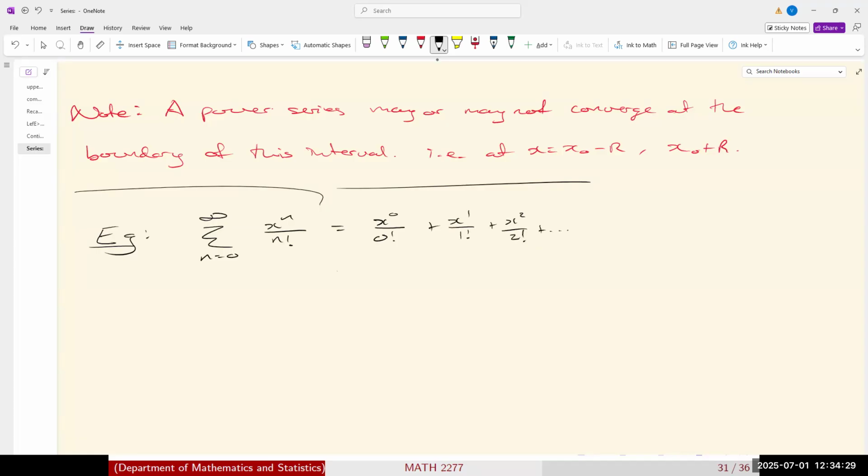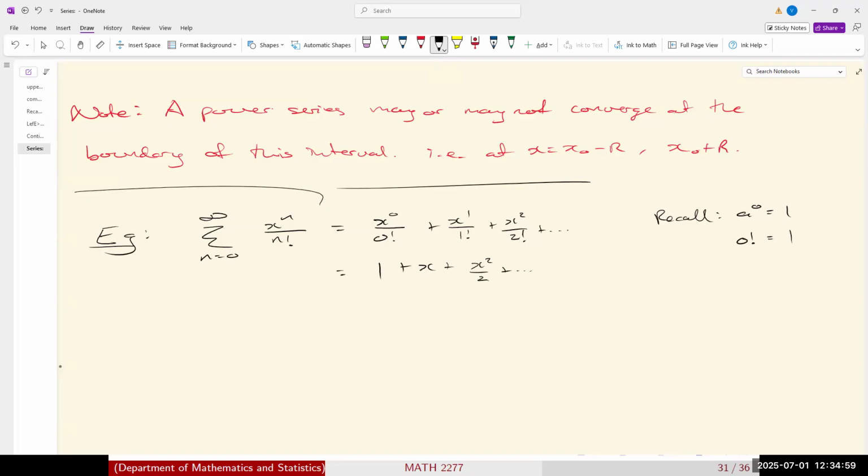You get the point. x to the 0, anything to the power of 0 is 1. Right, so recall e to the power of 0 is 1, and 0 factorial by definition is 1. So this first term is actually 1, right? x to the power of 0 over 0 factorial is actually 1, plus x squared over 2, plus, and you keep going.